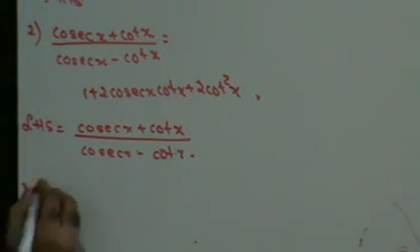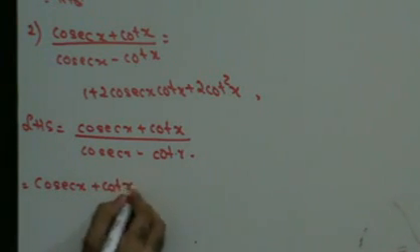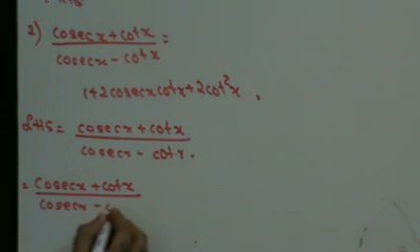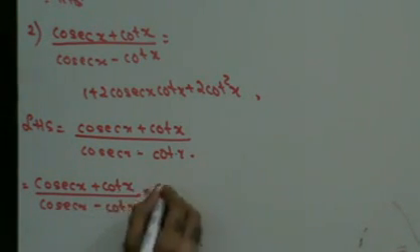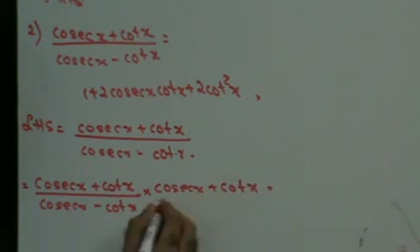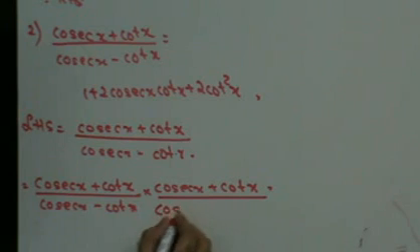So if I multiply the denominator by conjugate, this will be cosec x plus cot x upon cosec x minus cot x, multiplied by the conjugate. I am multiplying by the conjugate of the denominator, that means the same denominator with the sign reversed, the complementary sign.